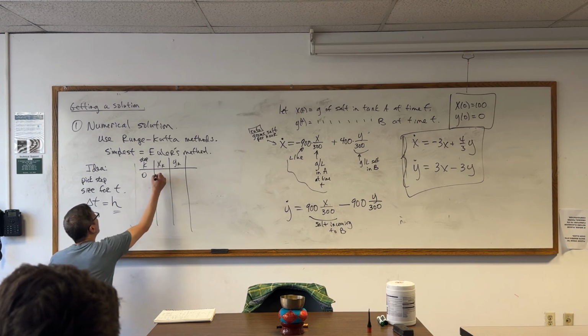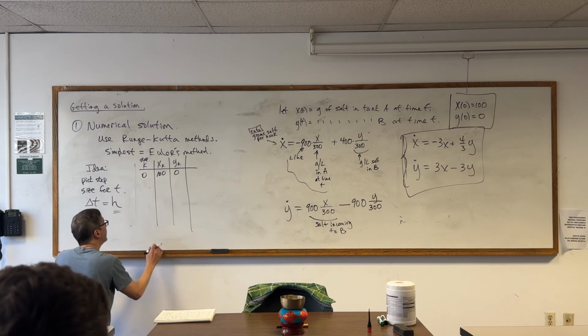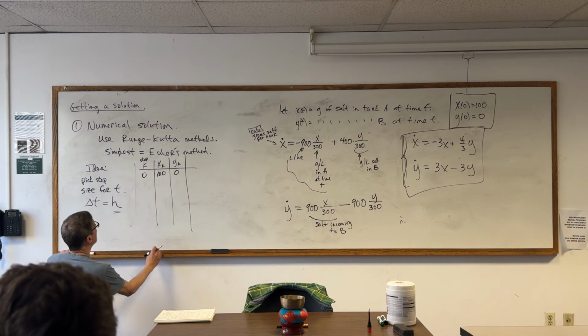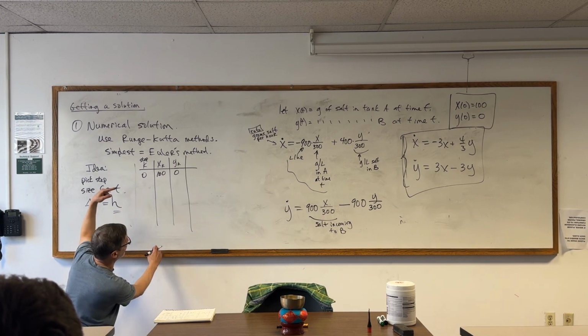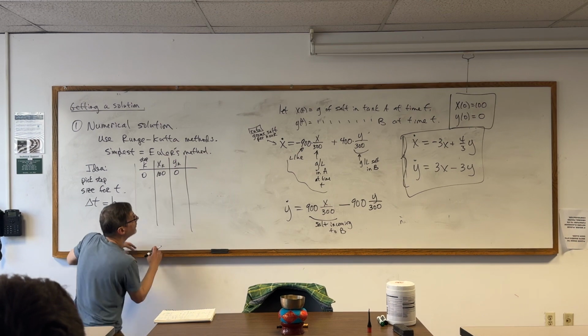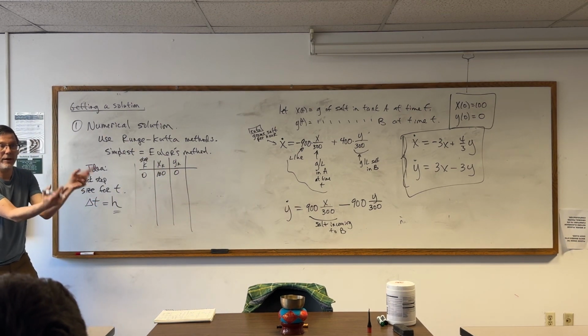But at step 0, I know there's 100 grams of salt in tank A and 0 in tank B. So what I'm going to do is use those equations to figure out the rate of change for x and the rate of change for y. And really, you've just got two independent Euler's methods running here.